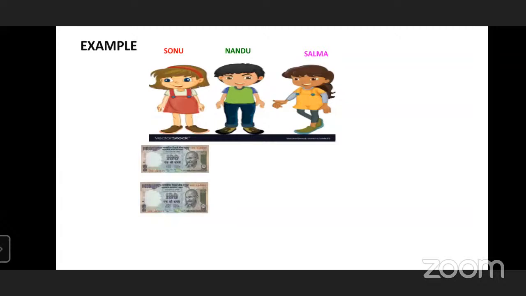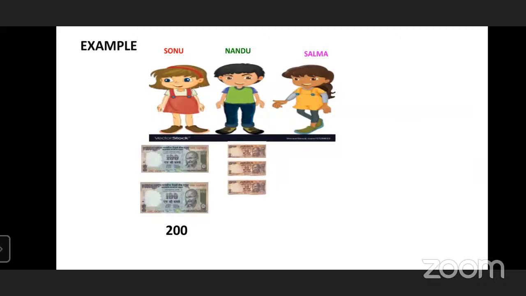The shopkeeper uncle helped her and gave her change of 100 rupees. It means he gave her 10 notes of 10 rupees. Once she got the change, it was easy for her to give Nandu 70 rupees.